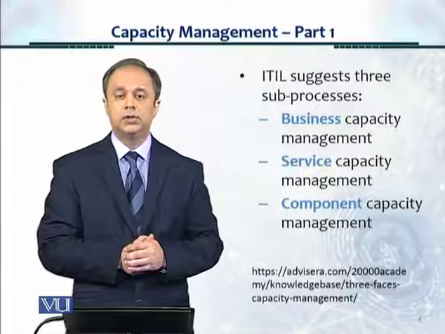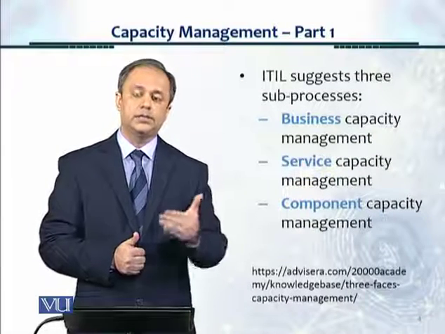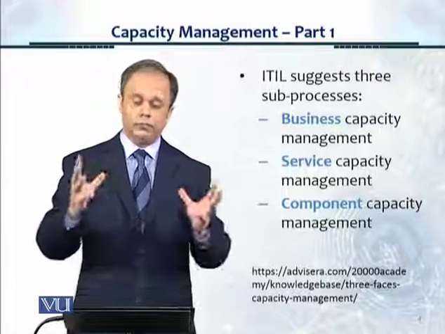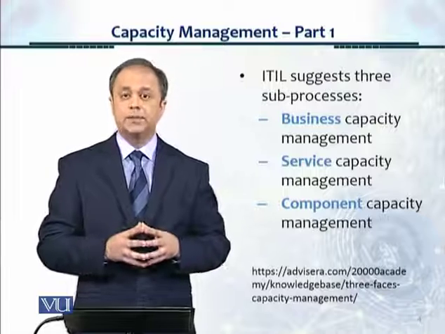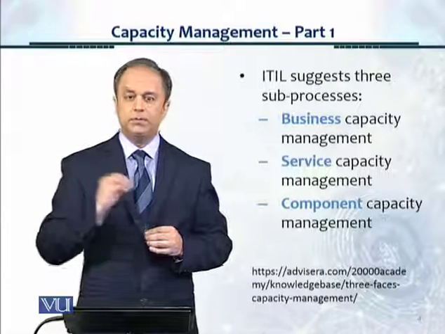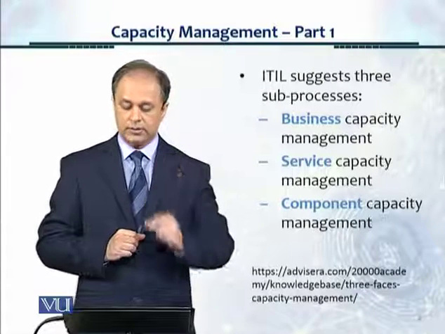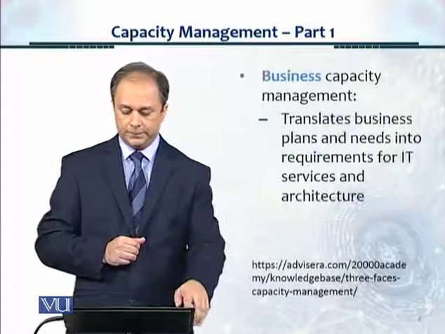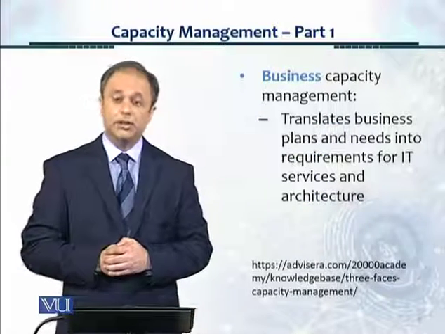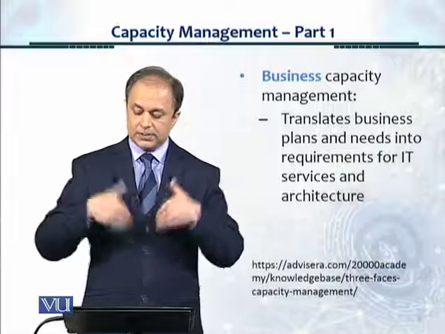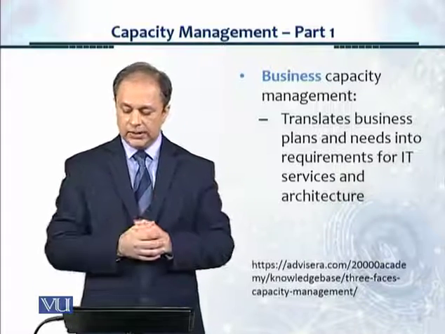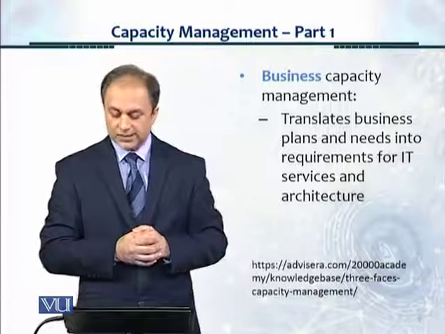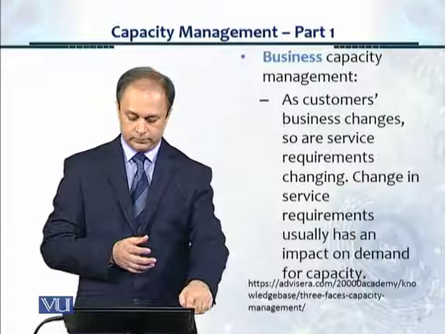ITIL suggests, so ITIL is the IT Infrastructure Library, another great framework, suggests three sub-processes: business capacity management, service capacity management, and component capacity management. Let's take a look at all three. Business capacity management translates business plans and needs into requirements for IT services and architecture.